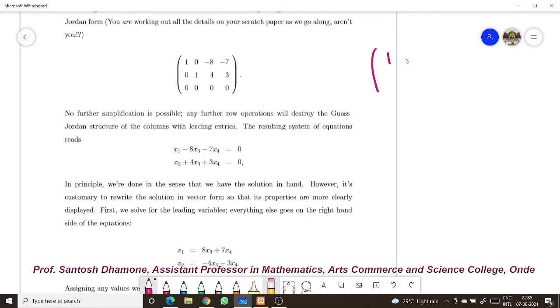Last equation is 0 0 0 0. The resulting system of equations reads x1 minus 8x3 minus 7x4 is equal to 0, x2 plus 4x3 plus 3x4 is equal to 0.